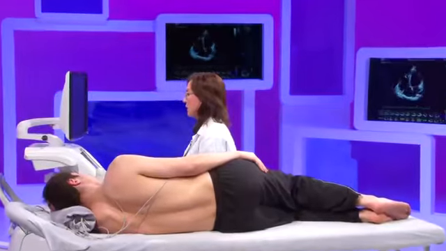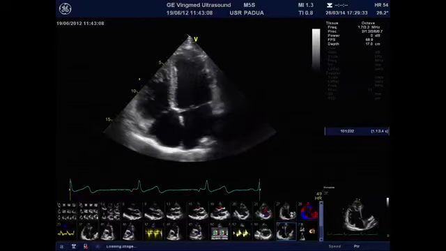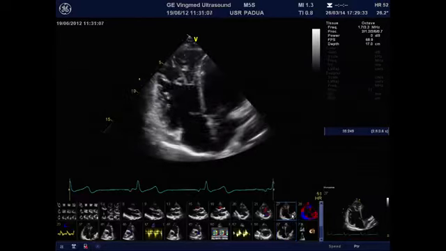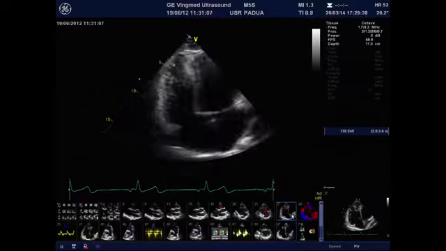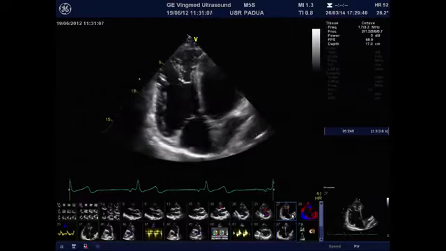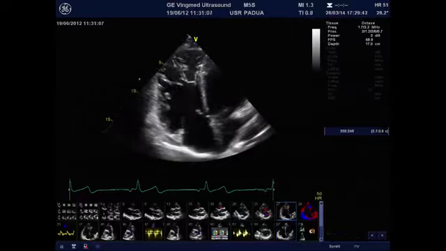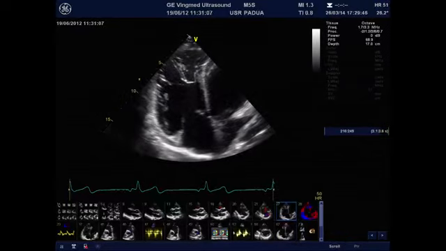If you would like to assess more closely the performance and the dimensions of the right ventricle, we need to focus and obtain a dedicated view of the right ventricle, on which we can perform the measurements of the areas in order to compute the fractional area change.